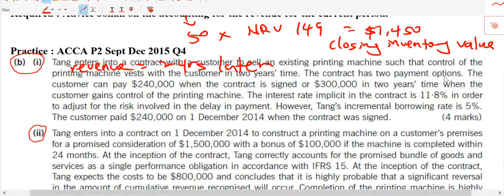The contract has 2 payment options. The customer can pay $240,000 when the contract is signed, so this is 2 years in advance, or $300,000 in 2 years' time, so this is when the customer gets control.